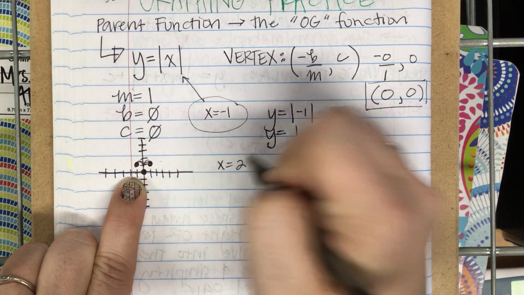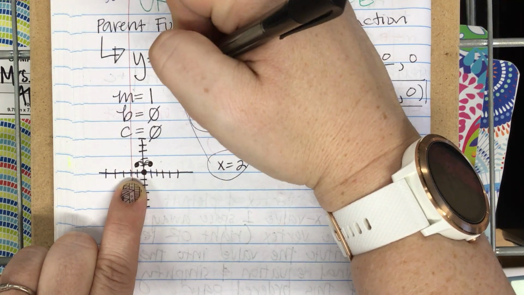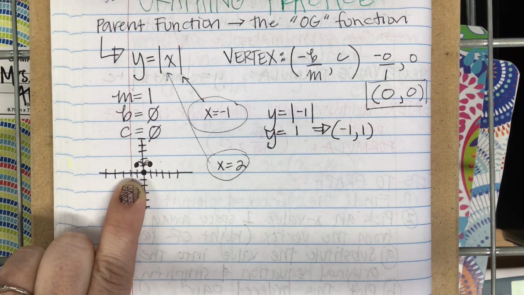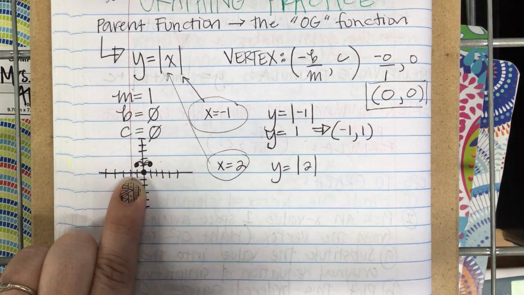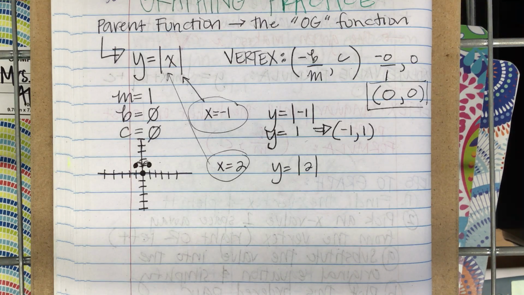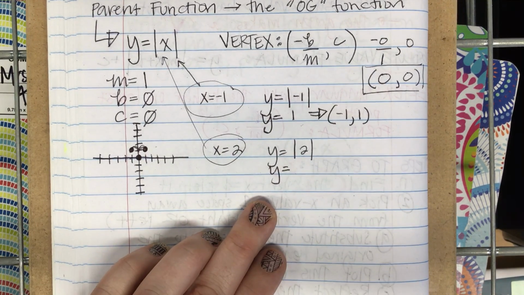X equals 2. And I'm going to substitute that into my equation. Meaning y equals the absolute value of 2. So y equals 2.